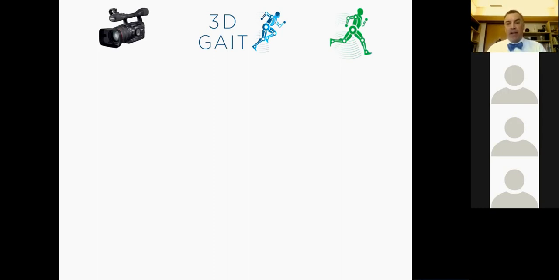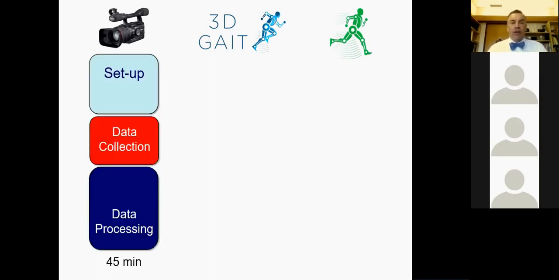And then we compare that to Kinetisense, or the KinetiGait product. So if you're using a single camera, setup doesn't take very long. You have to put some markers on your individual, whether they're walking or running. Data collection is just a few minutes. And then again, you have to sit down, you have to scrub through, you have to find those frames of data. You're going to click on at least 3 points to generate an angle. And that whole process from start to finish, that's going to take about 45 minutes.